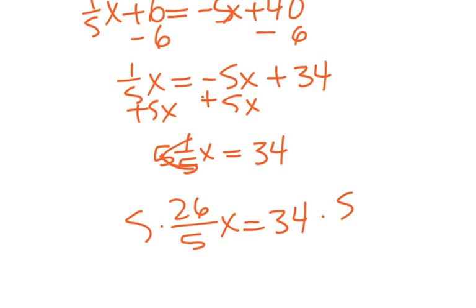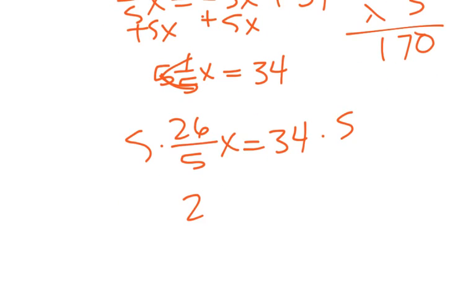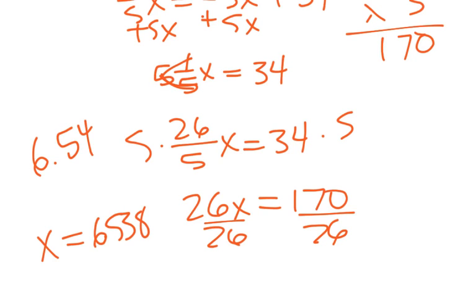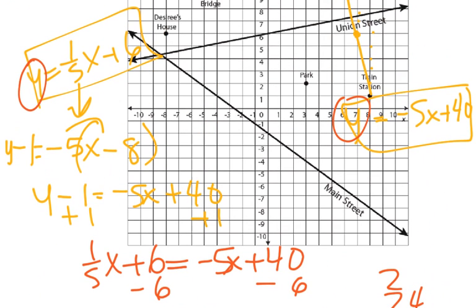Multiply both sides by 5, and that would be 170. So 26x equals 170, divide by 26, and that's where we see what our x value is. 170 divided by 26 is about 6.538, so we'll say 6.54 is my x value.